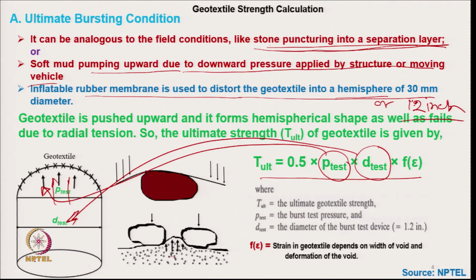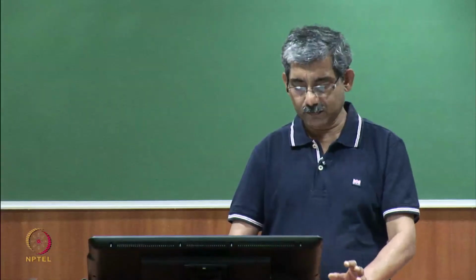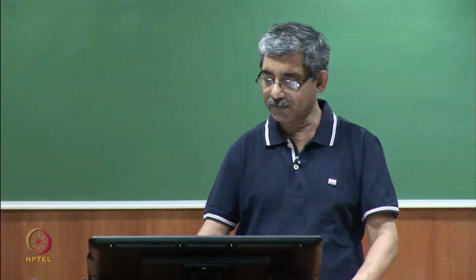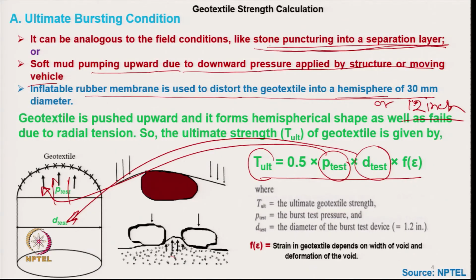Okay. So, what we have derived here, we have calculated the ultimate stress on geotextile. So, this is basically the Mullen burst test, and which can be correlated with the field condition.